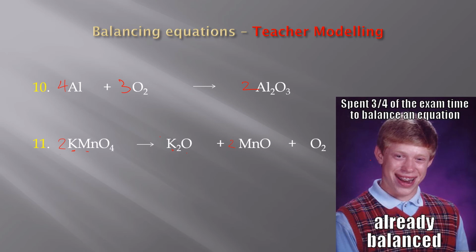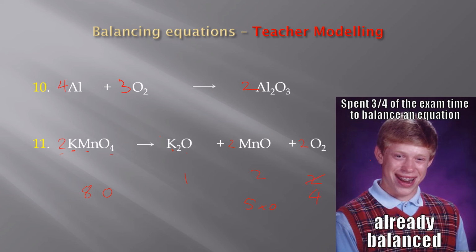On the left-hand side, 2 times 4 is 8 oxygens. On the right-hand side, we have 1 there, we have 2 there, and we have 2 there. So that's 5 oxygens. And it would be easy to think, oh, well, hang on. If I just put a 2 in front of that one, that would be 4 oxygens.